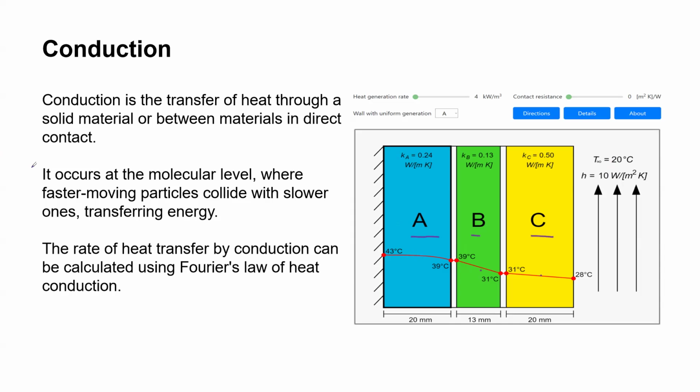Now this conduction occurs at a molecular level, where faster moving particles collide with slower ones, transferring their energy. You can have many molecules, and those molecules that have a higher amount of energy will be transferring their energy to those particles that have lower energy.